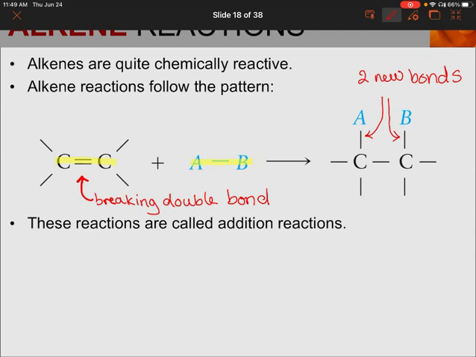And that makes sense if we think about the electrons. So let's look at the electrons in this top bond here.